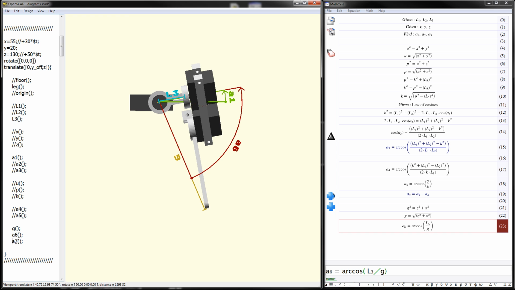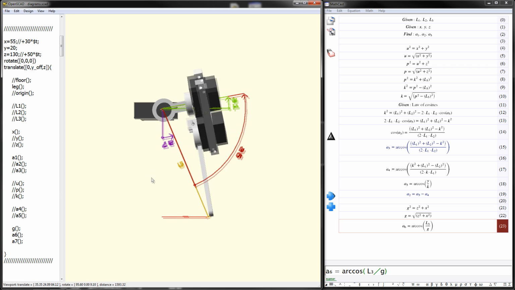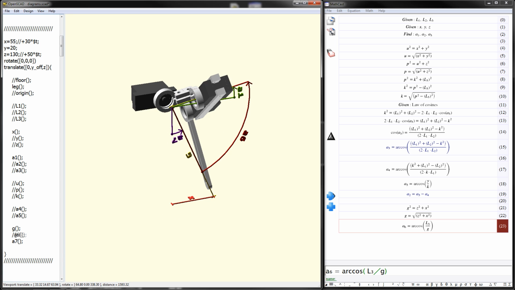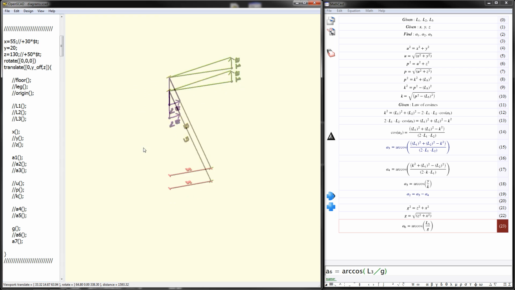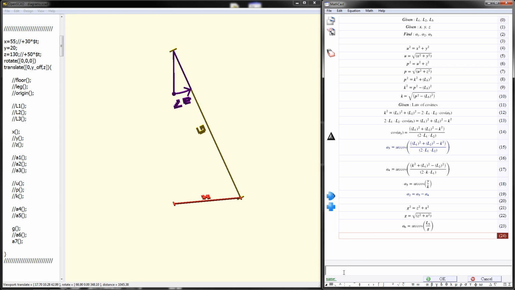And finally, we need to define one more thing so that we can solve for A1, and that's A7. So A7 is going to utilize g and x as 2 sides of the triangle. And so we can solve for A7. Here we go. So A7 equals arc sine of x over g.